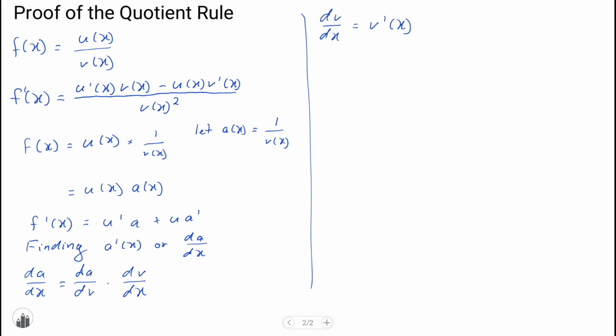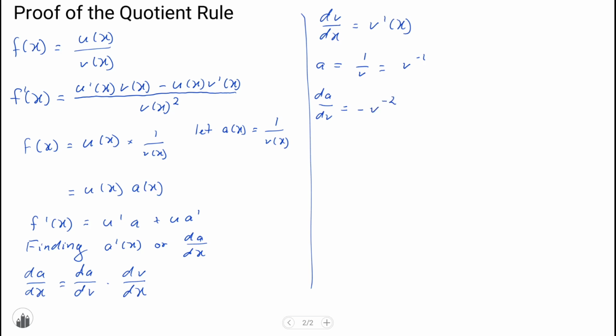And finding dA dv, well, recall that a was equal to 1 over v. Well, 1 over v, we can rewrite that, right? So that becomes v to the power of -1. And now finding the derivative of this shouldn't be too bad, because we can now say dA dv is just equal to -v to the power -2.